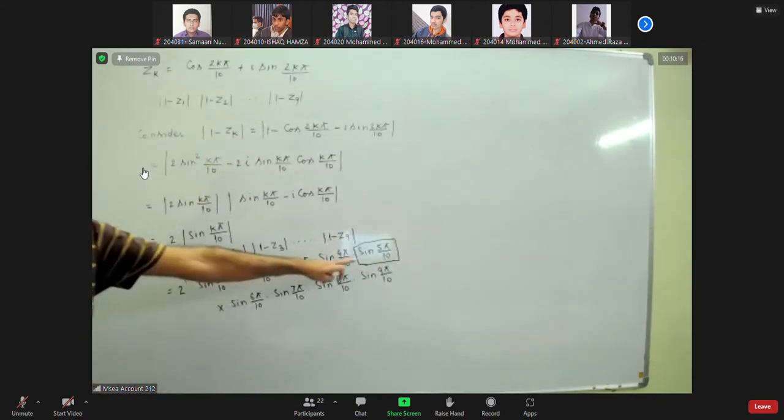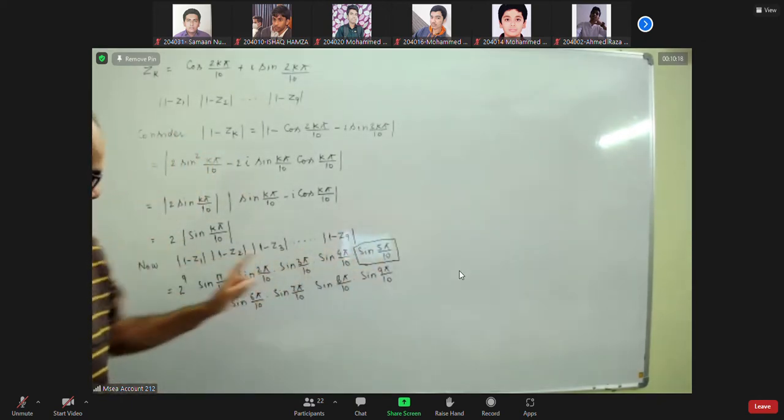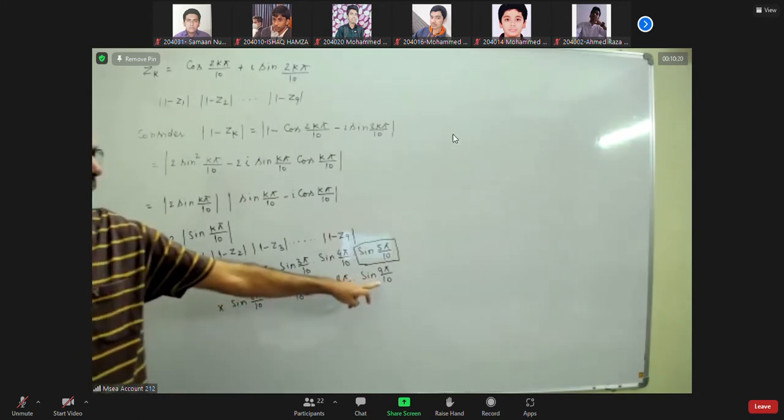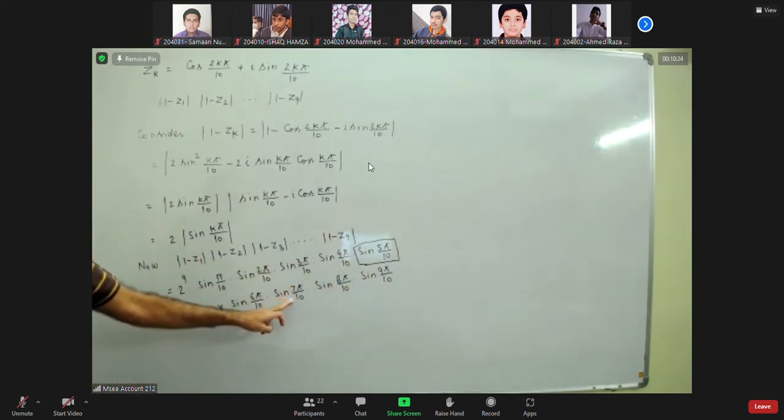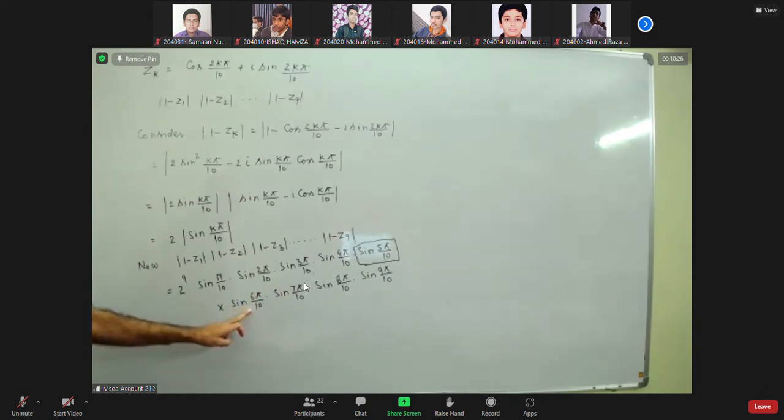This value is 1. Now sine 9 pi by 10 is same as sine pi by 10. It's pi minus pi by 10, pi minus 2 pi by 10, pi minus 3 pi by 10, pi minus 4 pi by 10.